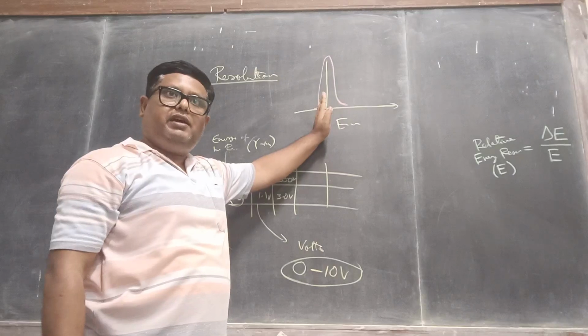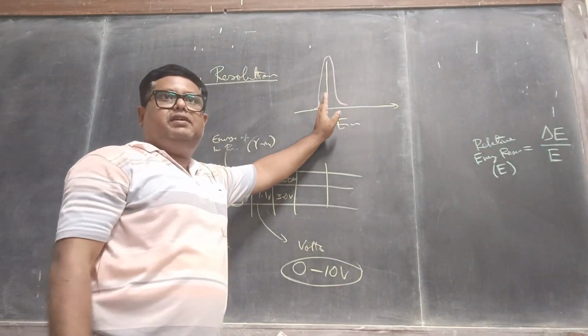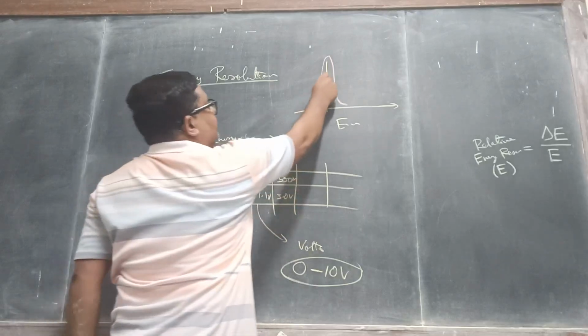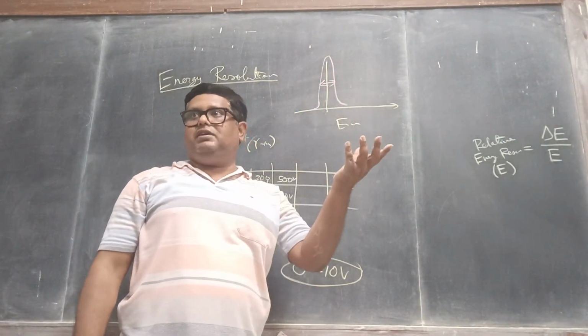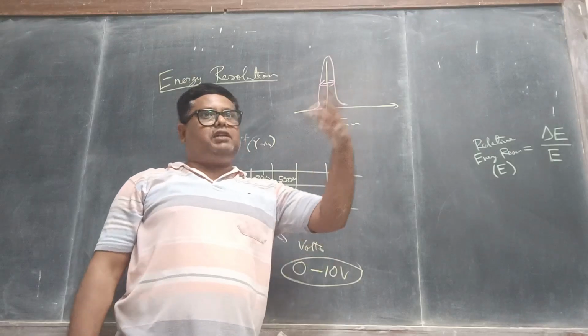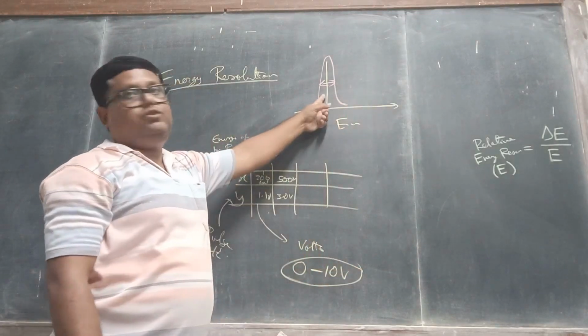If 500 keV signal energy is absorbed, the signal I am getting has got a width. It's just like the same case: for 10 rupees, I am getting 11, 12, 13, 8, 7 candies, something like this. So there is a fluctuation.